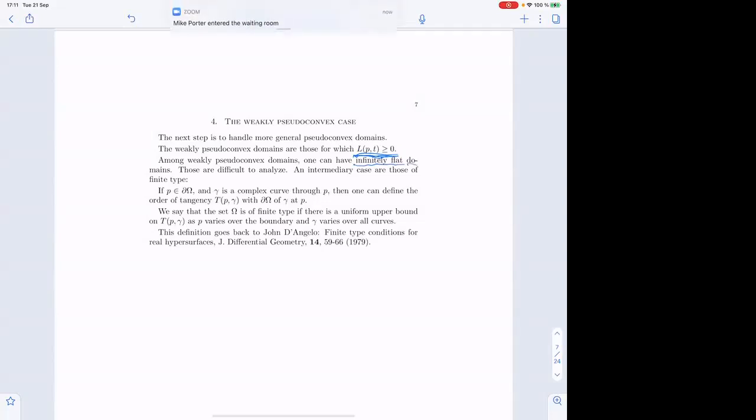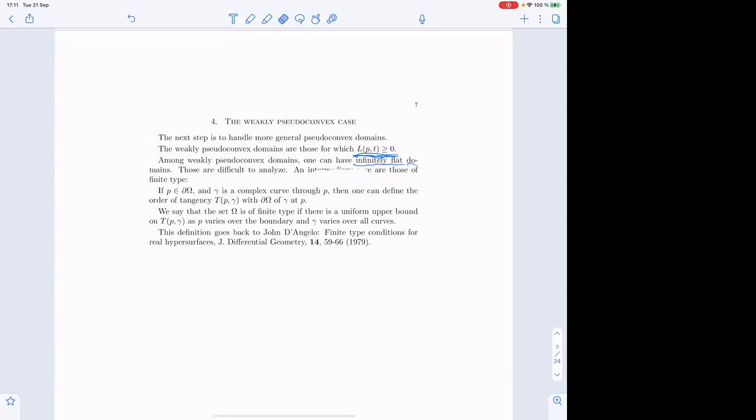Those are very difficult to analyze, and not so much has been done actually with those. Although I have to say, Joe Kohn has proved some important theorems. But from this point of view of reproducing kernels, they are really difficult.